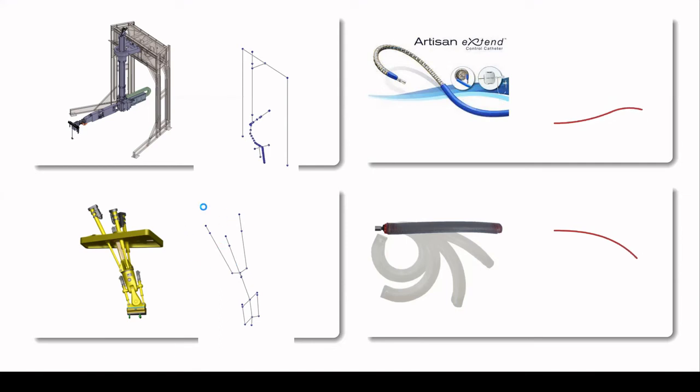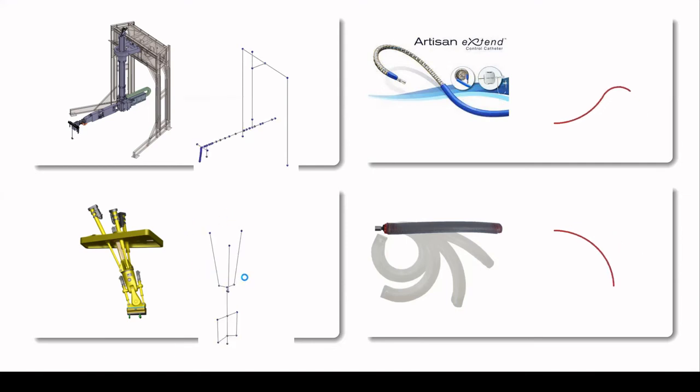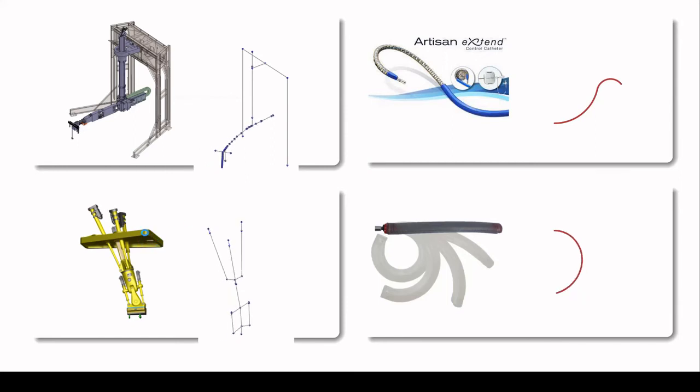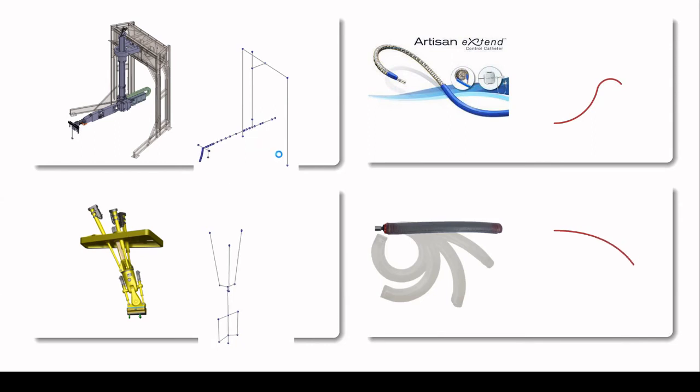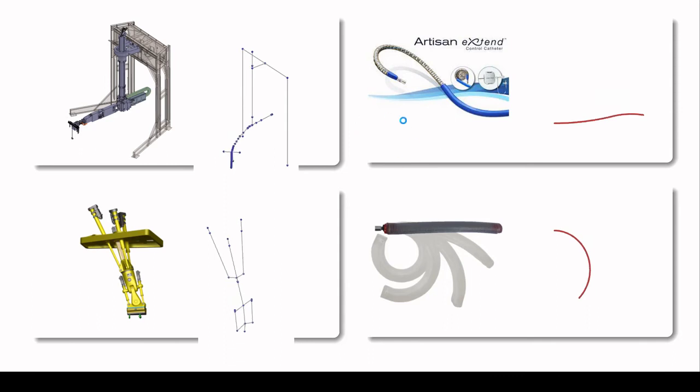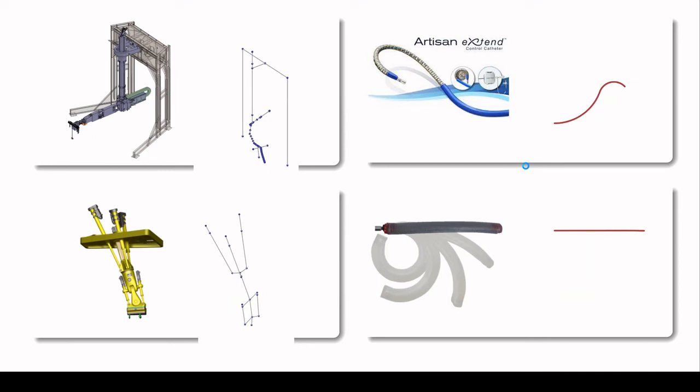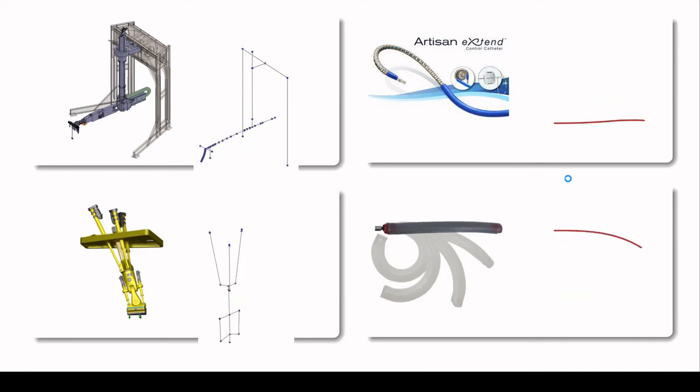And on the bottom left side, we have a Tricept, a serial-parallel mechanism. And these huge systems are used for the inspection and maintenance domain. And on the right-hand side, we have a simple simulation of a robotic catheter or a soft actuator used, for instance, in developing hand gloves for rehabilitation.